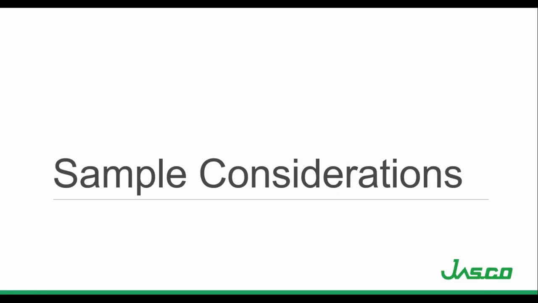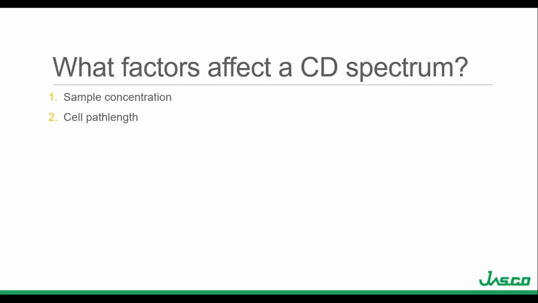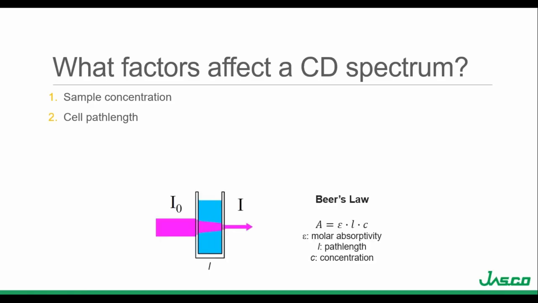We're going to be talking about the physical sample. What factors affect a CD spectrum? The sample concentration and cell path length are a big deal.